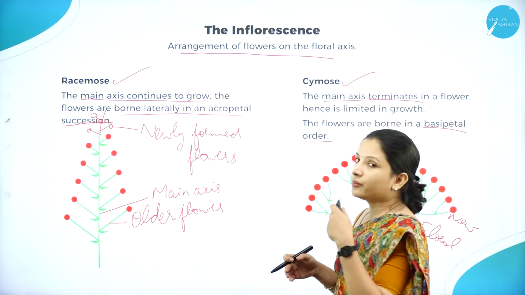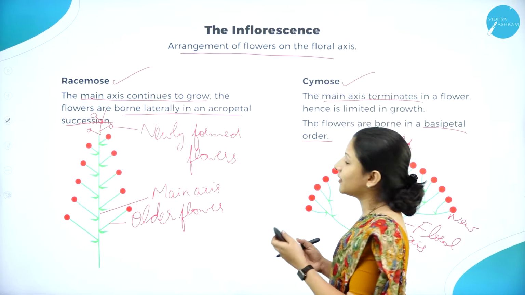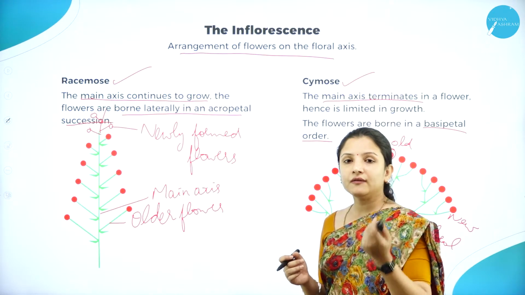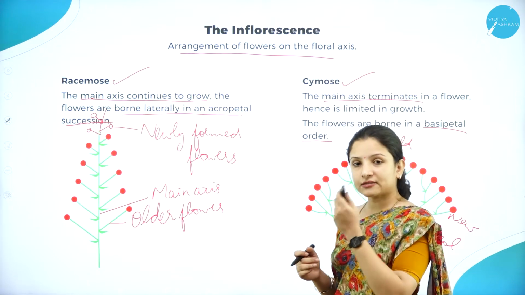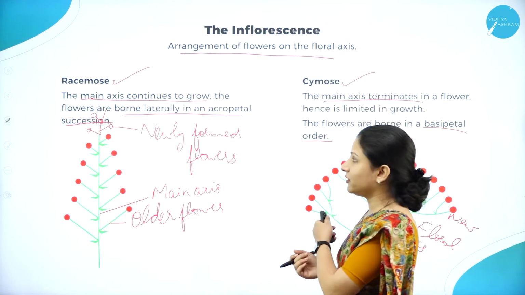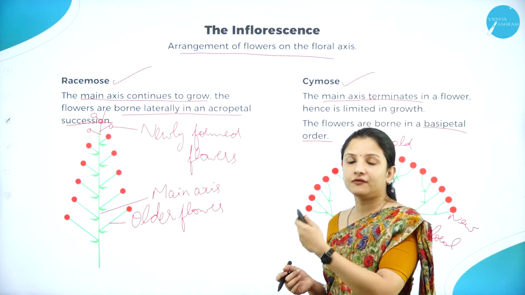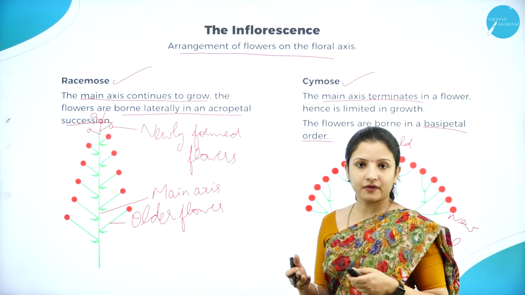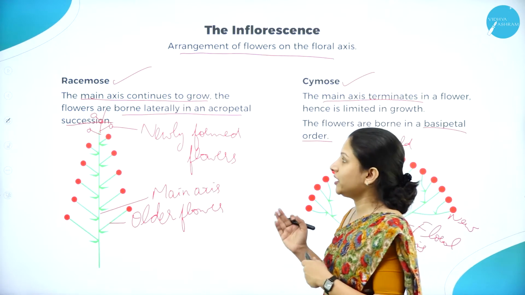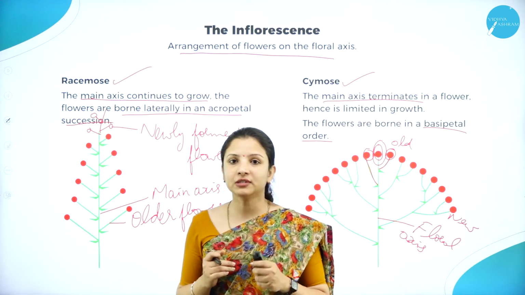Therefore, based on the arrangement of the flowers on the floral axis, the inflorescence can be of two types, that is racemose inflorescence and cymose inflorescence. And based on whether the inflorescence is racemose or cymose, the categorization of the flowering plants, that is the angiosperms, will be done. So this is about racemose and cymose.